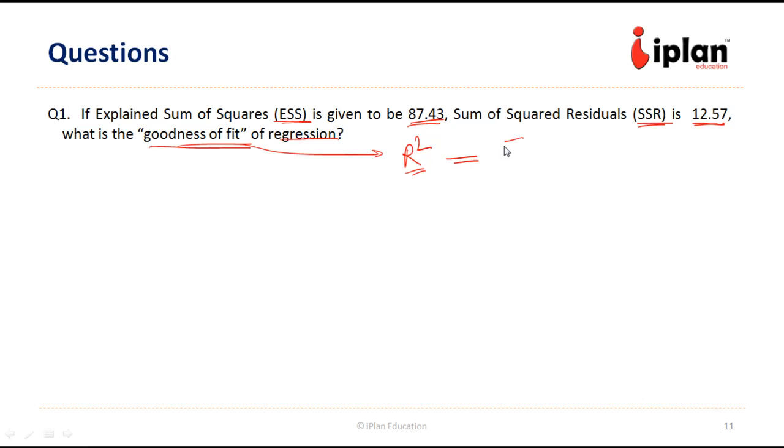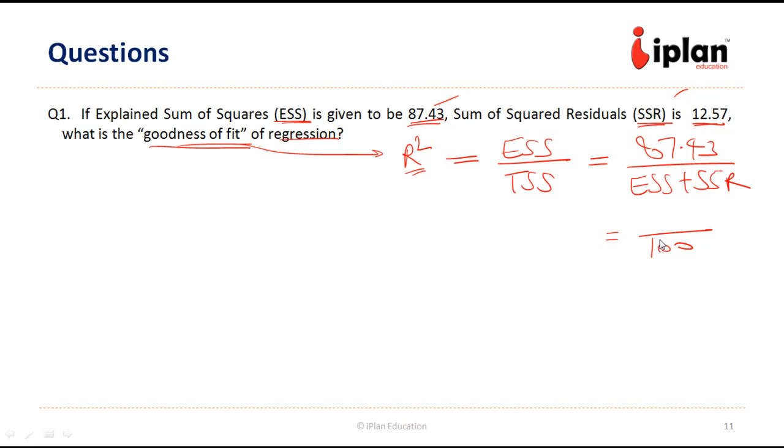We know the formula, it is ESS divided by TSS, where TSS is nothing but the summation of ESS and SSR. The value of ESS is given to be 87.43, and if we add these two, we get 100, which is the value of total sum of squares. So 87.43 divided by 100, that is our answer.